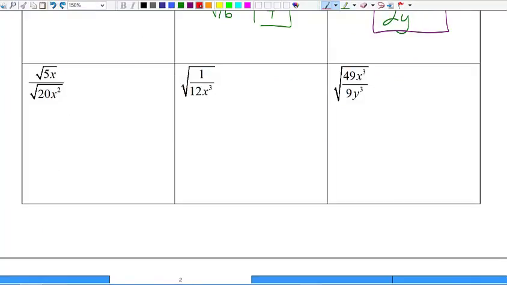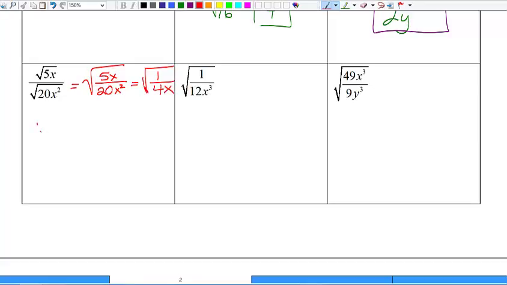So on the next problem, step 1 says to reduce if at all possible. And I can see that 5x and 20x squared have common factors. So let's see if we can reduce that and make this a whole lot easier on ourselves. So I wrote it as one big fraction. 5 over 20 reduces to 1/4, and x over x squared reduces just to x.